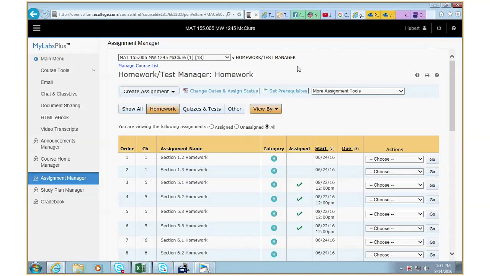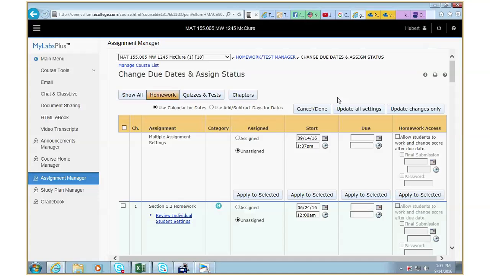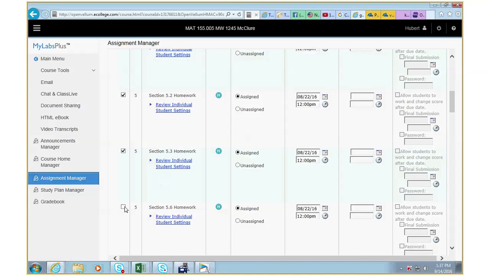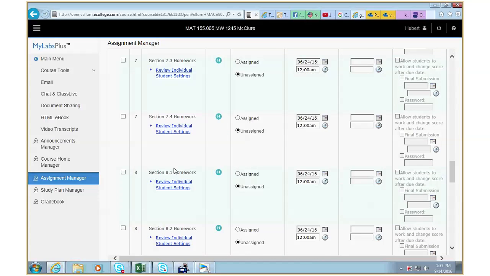All right, so let's go ahead and do the homework. So the homework started here, so I need to pick out 5.1, 5.2, 5.3, 5.6, 11.1, and the copy.